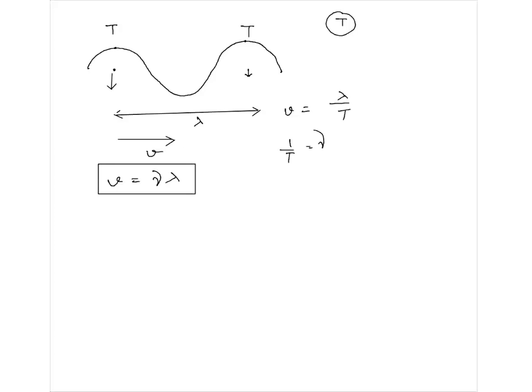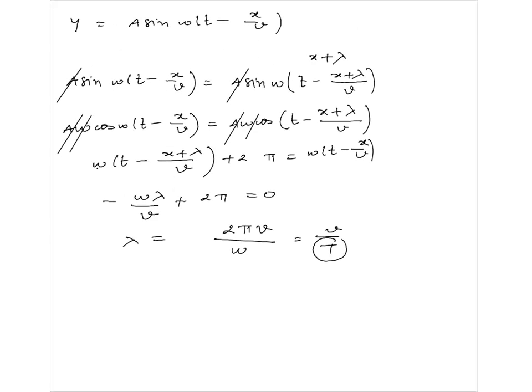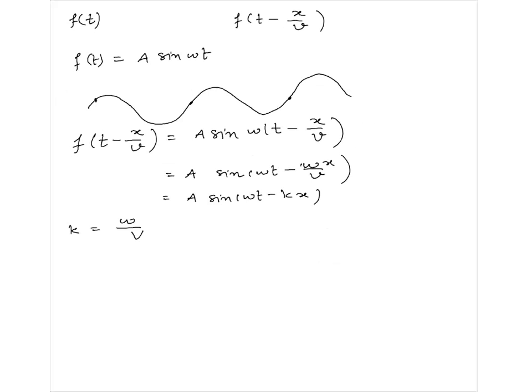And regarding K, how much was it? Omega by V. K was omega by V. And we said frequency was 1 upon T. Omega is 2 pi frequency upon V. V upon nu is lambda.